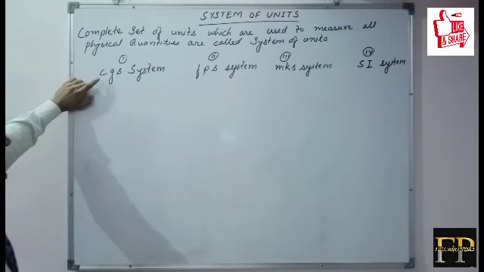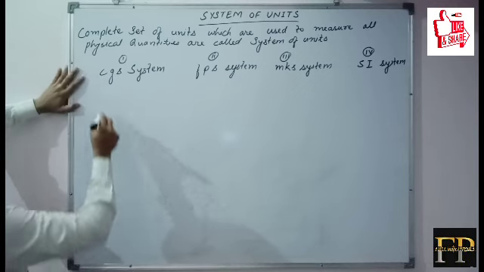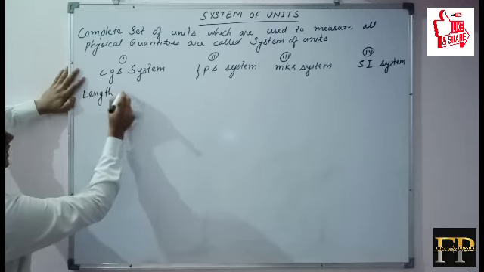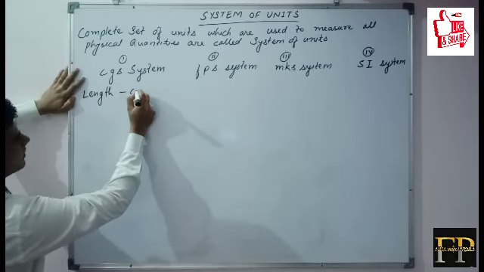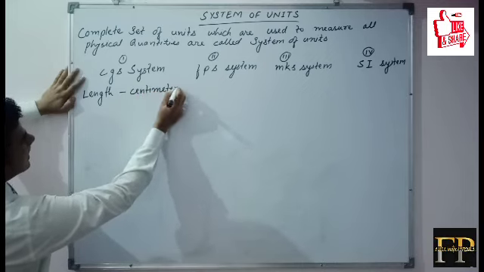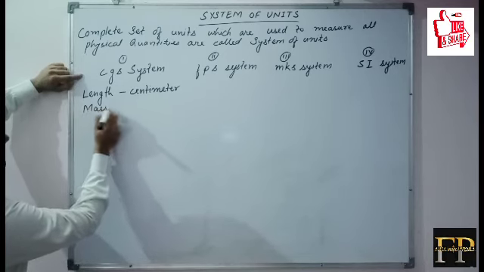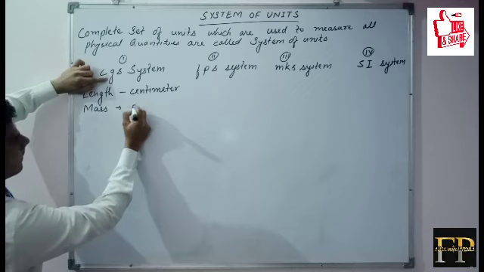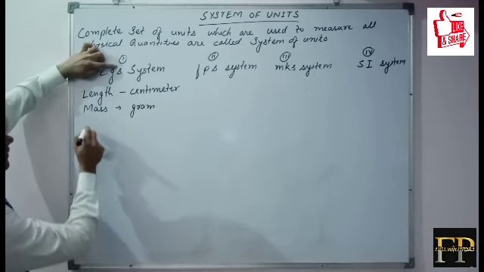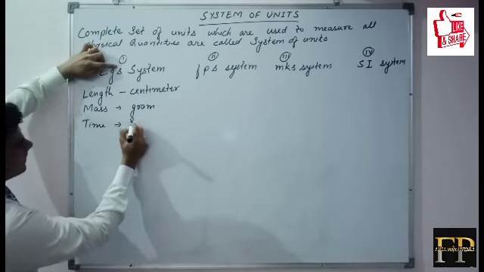Now, in the CGS system, C stands for centimeter, which is the unit of length. It means in the CGS system, the unit of length is taken to be centimeter, the unit of mass is taken to be gram, and the unit of time is taken in second.